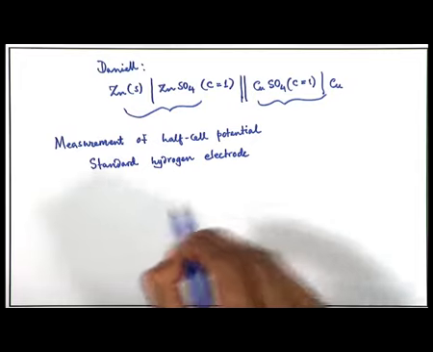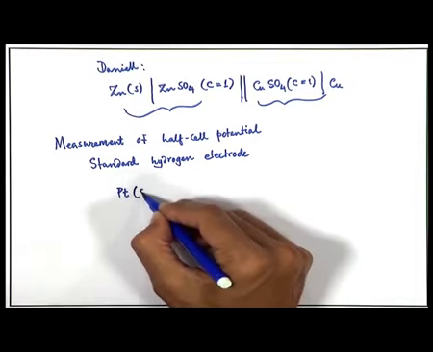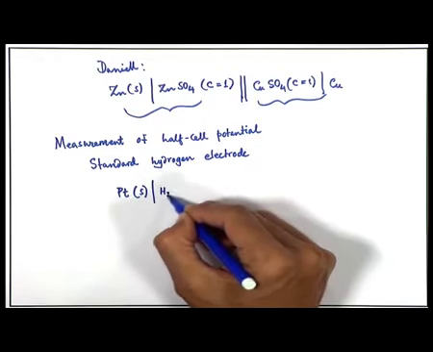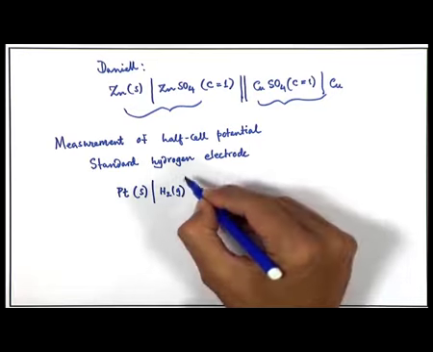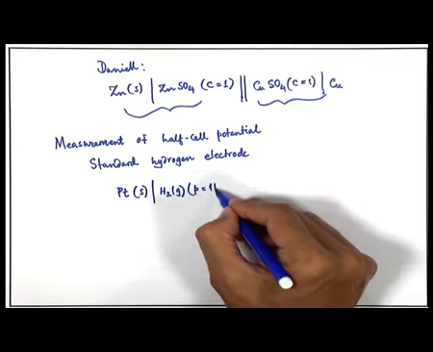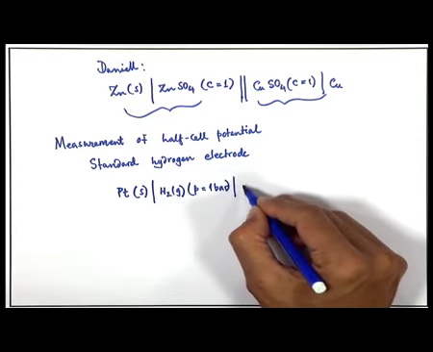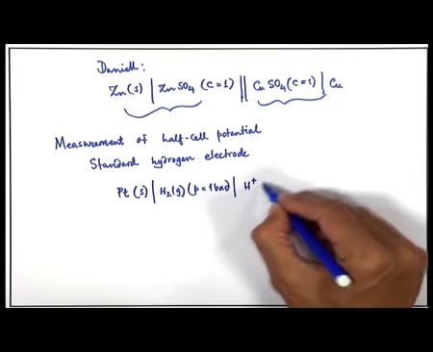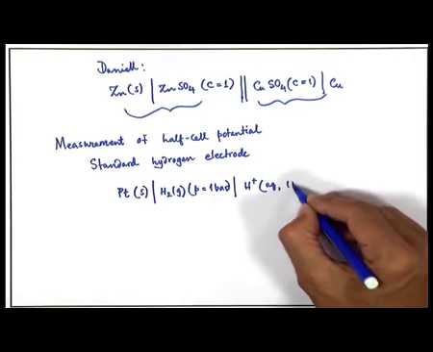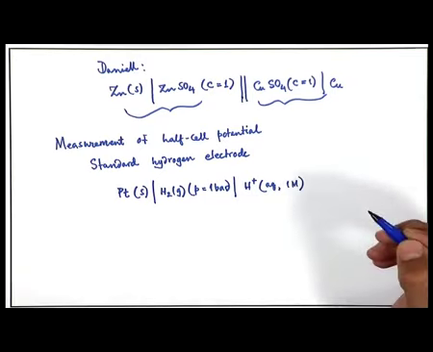So, it is basically represented like this: Pt solid, then H2 gas at 1 bar, P equals 1 bar, then H plus, that means acid aqueous, it is 1 molar, maybe 1 molar HCl.